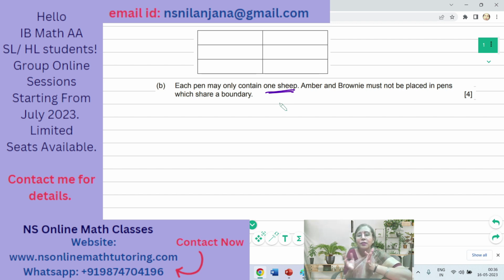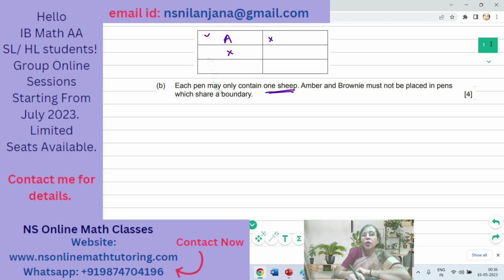First, let us analyze the situation. Let us first of all place Amber in this pen. When Amber is placed in this pen, Brownie cannot be placed in this pen because this pen is sharing a common boundary, and Brownie can also not be placed in this pen. Clear?